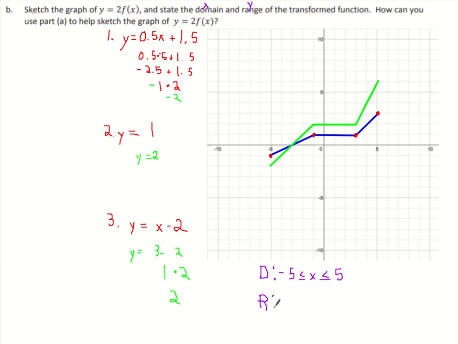Our range is different now. If I look at my lowest y value, my lowest y value is now no longer -1, it's now -2.